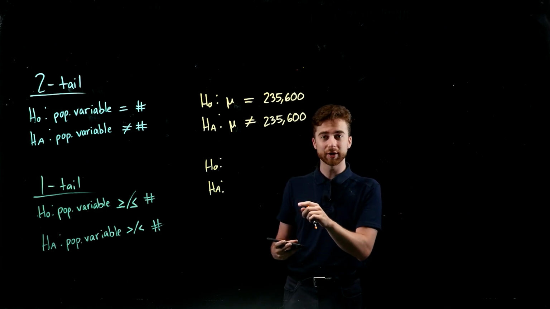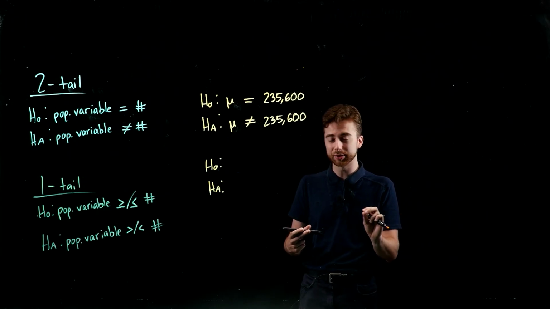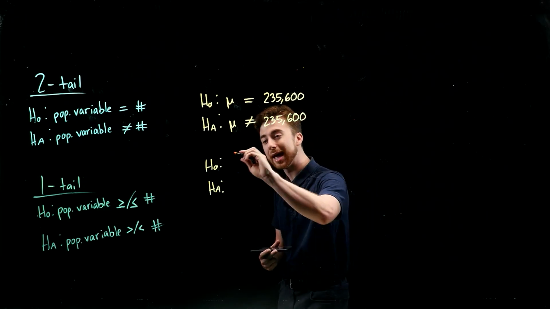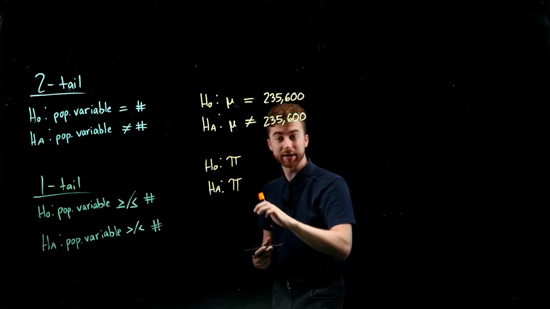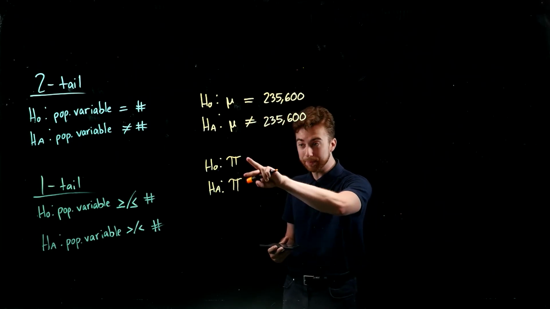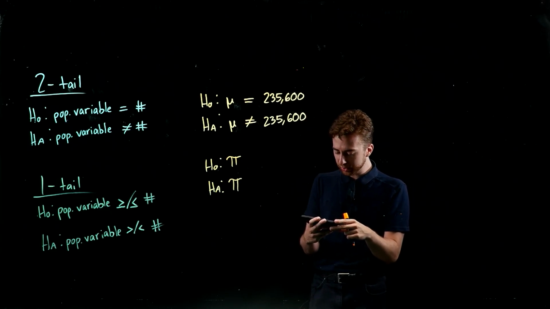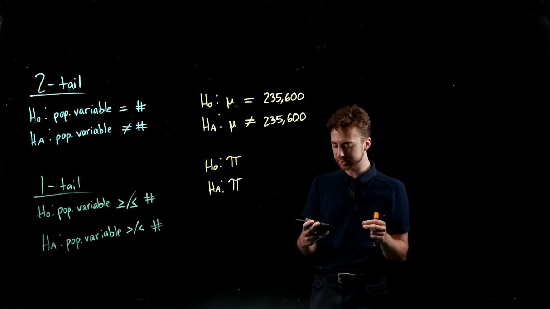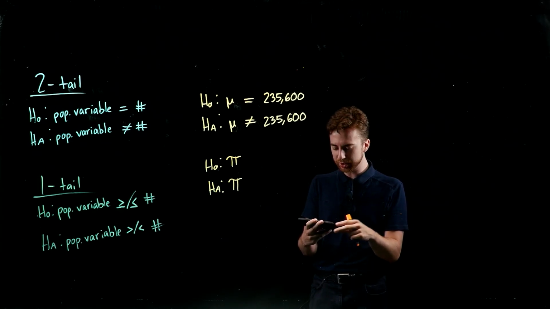So the population variable for a proportion, and I've had different stats classes where slightly different variables are used, oftentimes we'll see as pi, the population proportion. So just make sure whatever your class says, put in the population proportion variable right here. And then what they're wondering is if we should reject the director's claim. Well, the director's claim is that 15% of the high school juniors will apply.